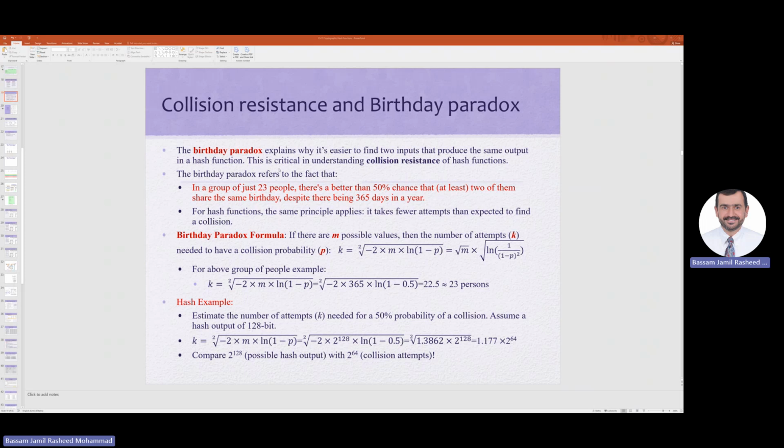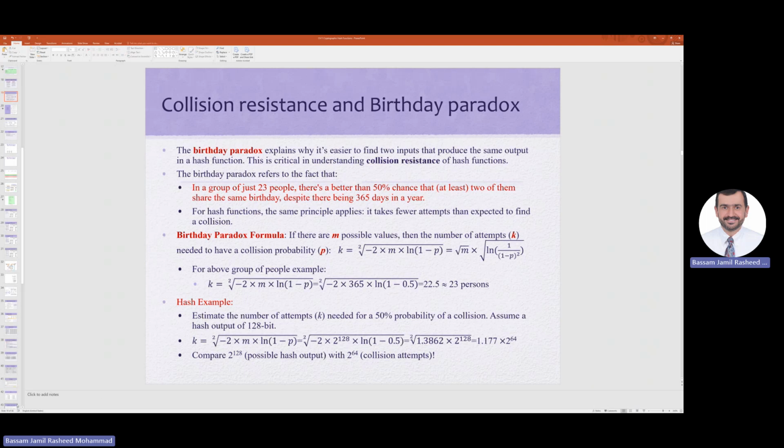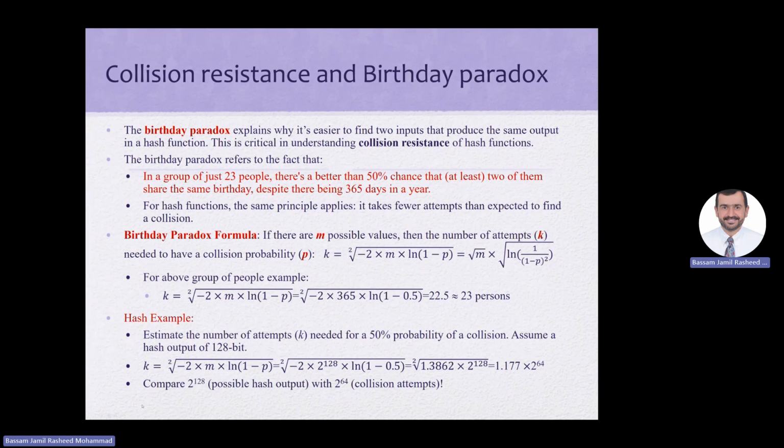And the birthday paradox, as was illustrated in the class, explains that it's easier to find two inputs that produce the same output in a hash function.